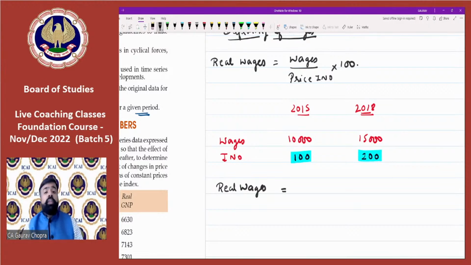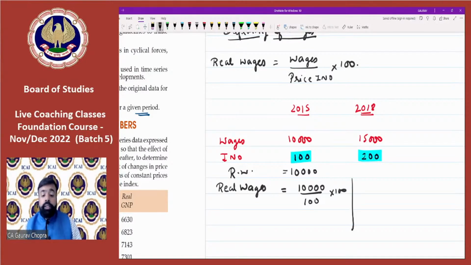Now, what is real wages? Wages divided by index number into 100. In 2015, real wages are same as wages. But if we talk about 2018, 15,000 upon 200 into 100. How much are we getting? 7,500.